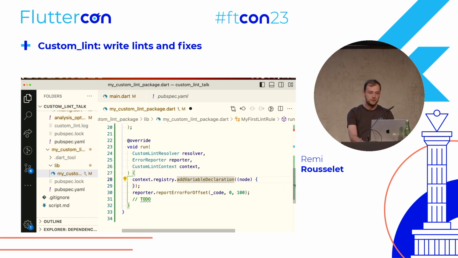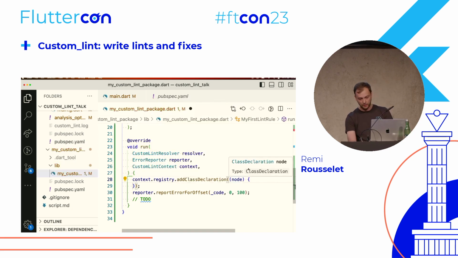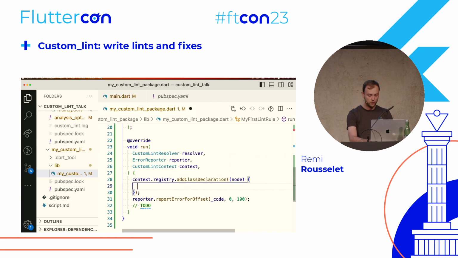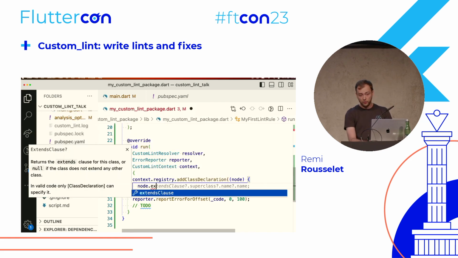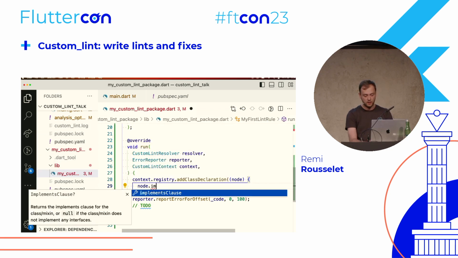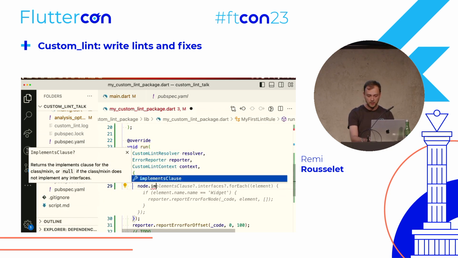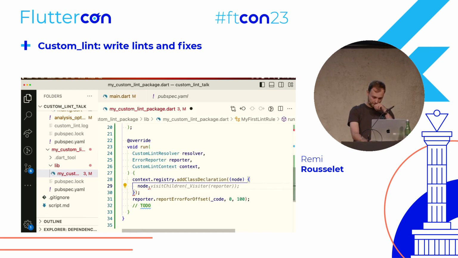We care about classes. So we could do something similar, but for classes, like add class declaration. And this time we get a class declaration here. So we can now get things like the extend keyword on the class, the name of the class, whether there are implemented classes, mixins, stuff like those.